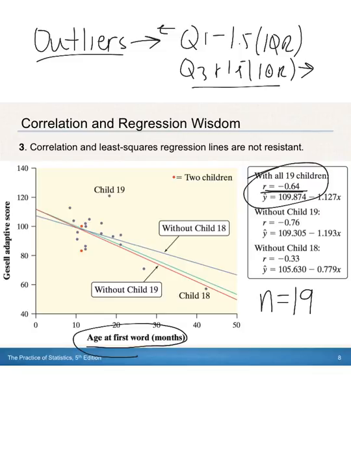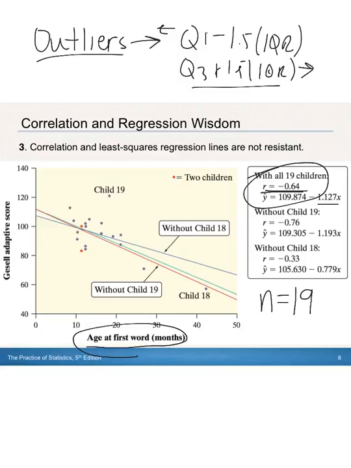It's clearly a negative association, fairly medium strong. And then the slope here says that the adaptive scale goes down 1.17 marks for every month later that a child might say their first word.